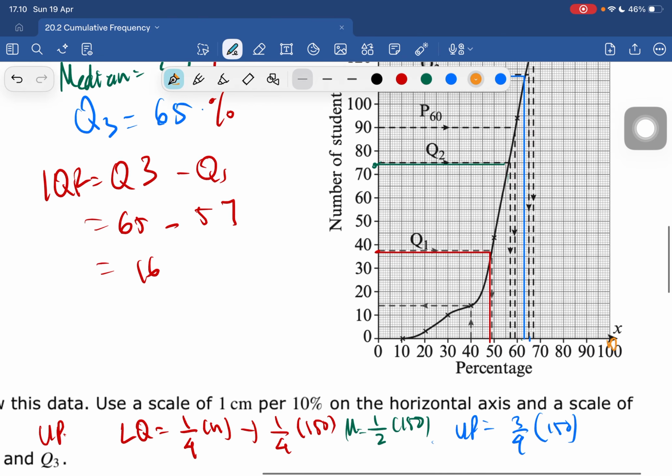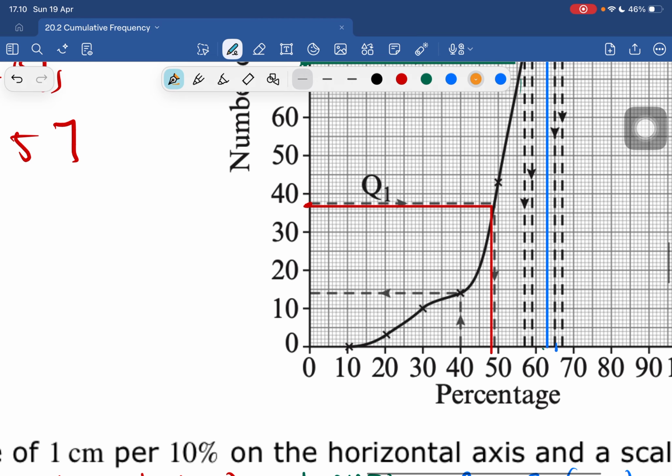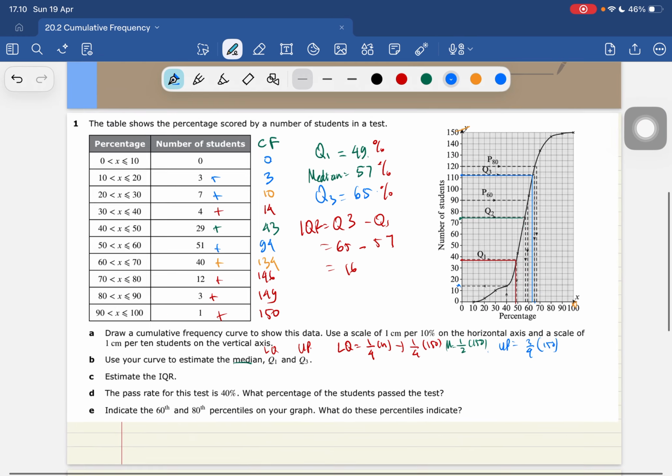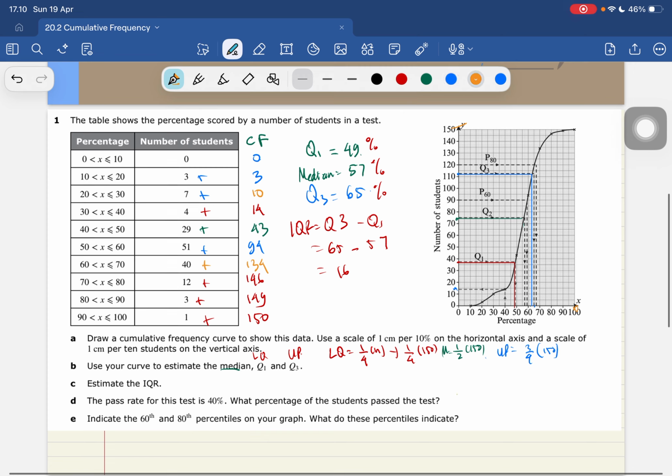Here it is 14. So the total of students 150 minus 14 is 136. To make it a percentage, we divide by 150. So here is 91% of students who passed.